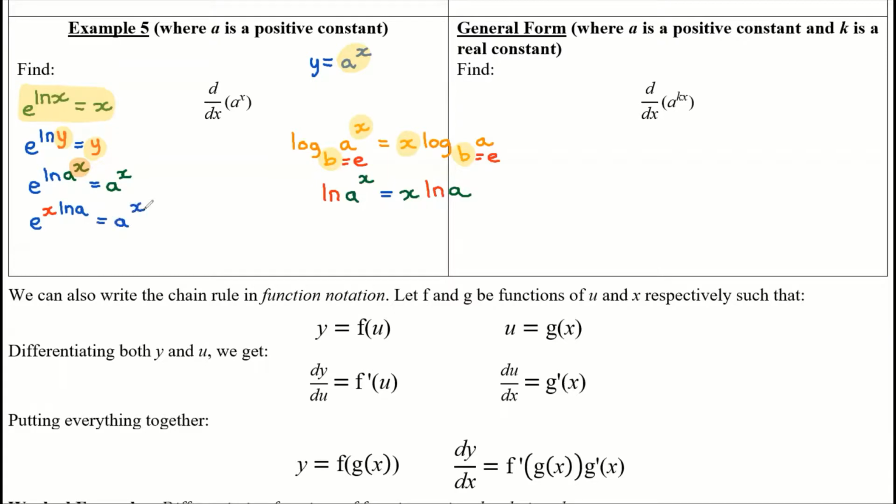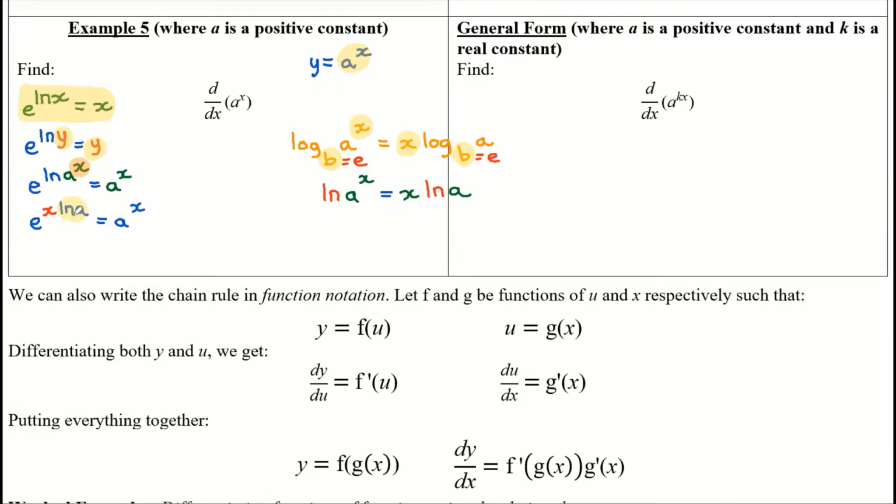Now, the base as well is just a number, and if you take the log of a number, that's also just a number. So that means that this ln a is just a number. So we've essentially got e to the power of some number multiplied by x now, which is essentially the same as e to the power 2x or e to the power 3x or whatever it is.